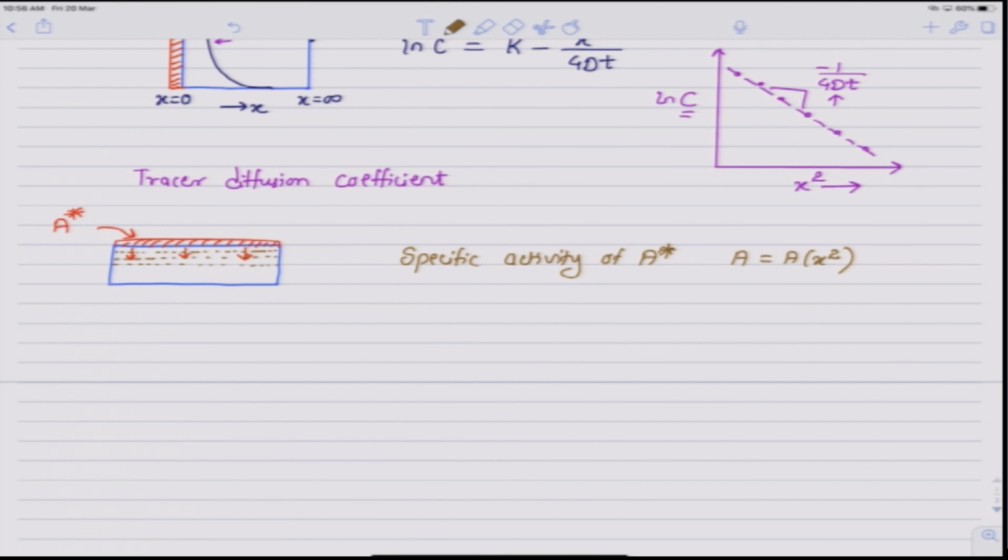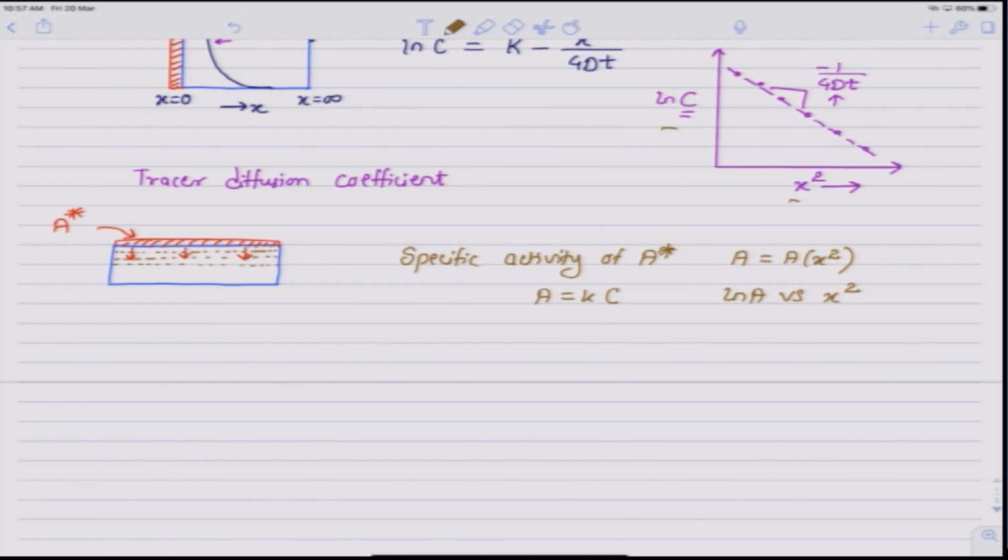The specific activity is directly proportional to the concentration of A star, so we can write A equals K times C, and since there is a direct proportion, we can very well plot ln of A versus x square instead of ln of C versus x square, because in both cases the slope should be the same.